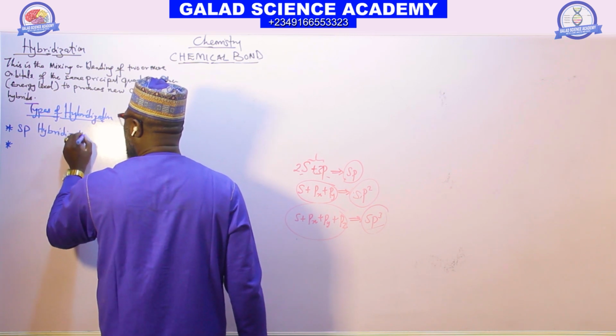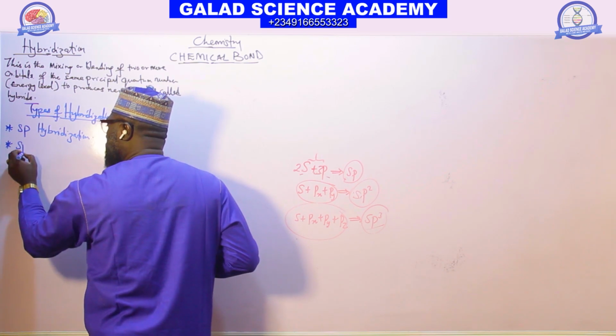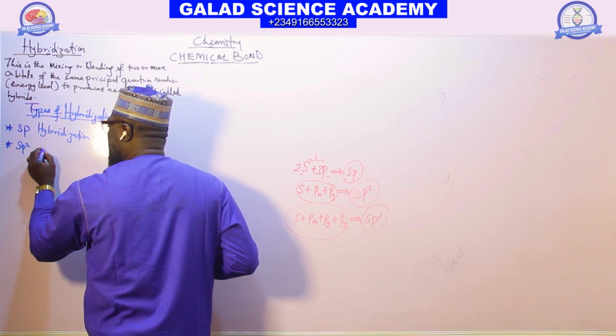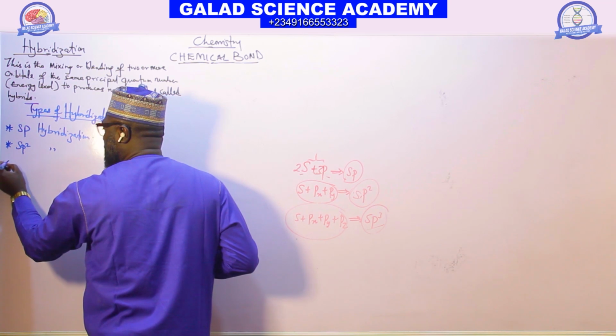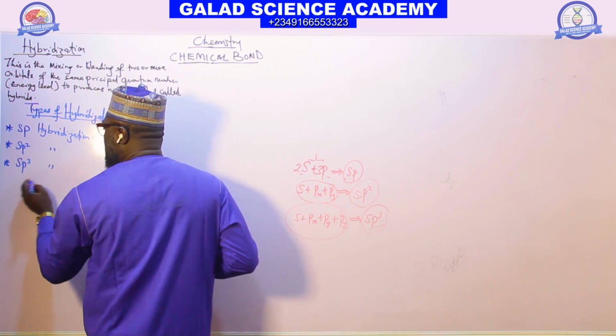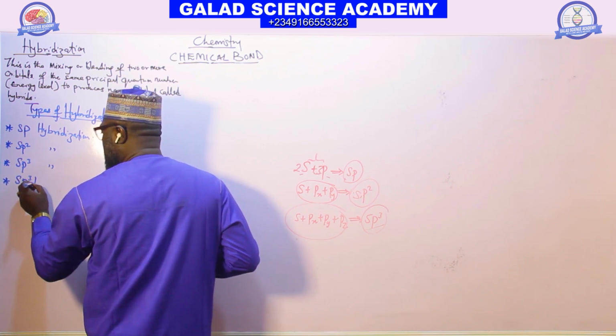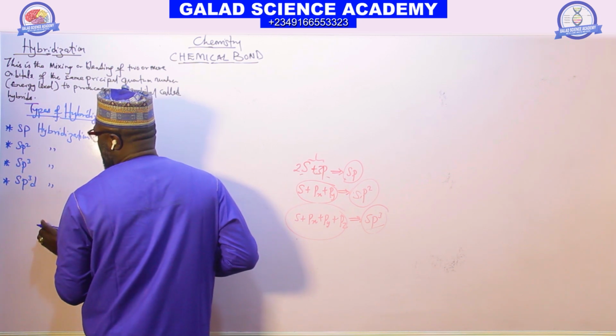Number two, sp2 hybridization. Number three, sp3 hybridization. Number four, sp3d hybridization.